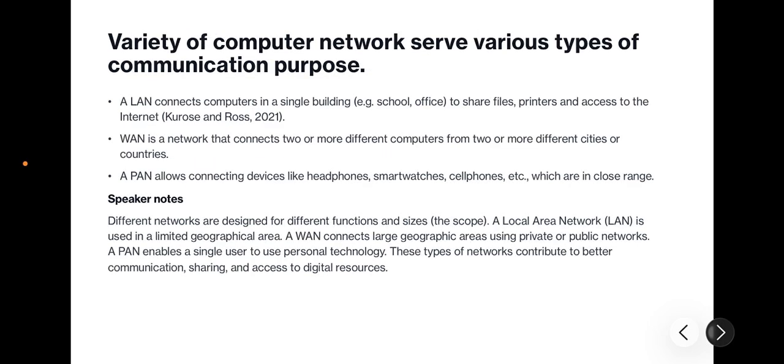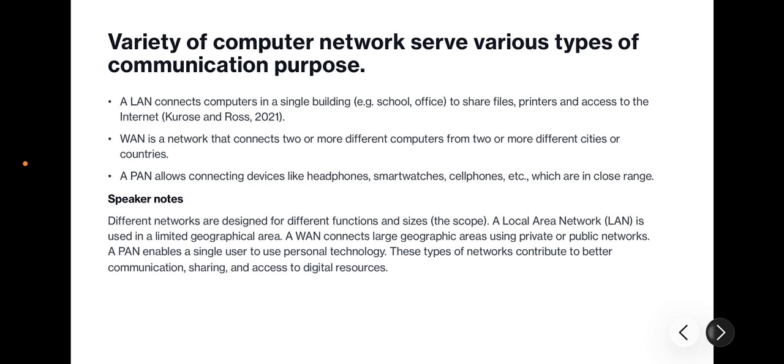Networks serve a variety of computers, network services, and various types of communication purposes. A LAN connects computers in a single building, for example a school or office, and shares files, printers, and access to the internet.